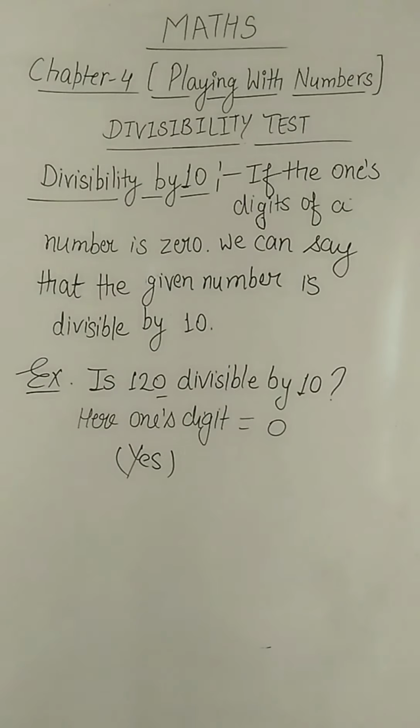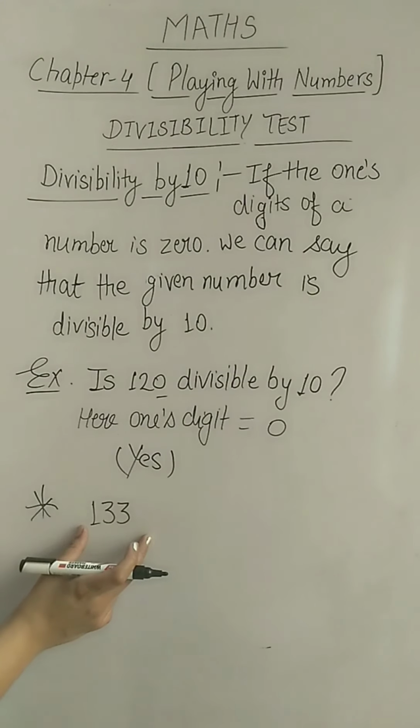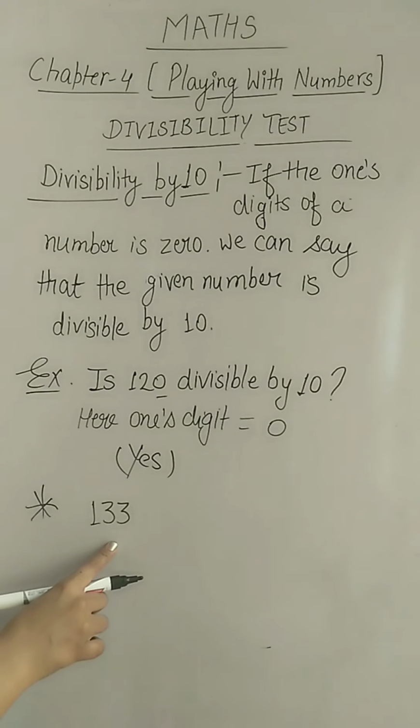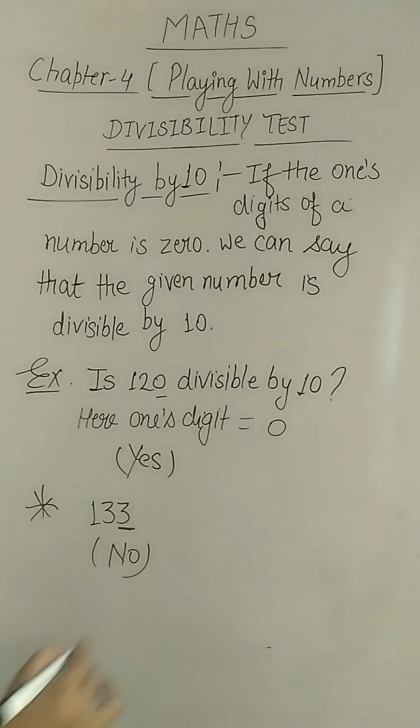Now if we have one more example, 133. So students, is it divisible by 10? As you all know, we will check only the ones digit, and the ones digit should be 0. So there is no 0. So that means it is not divisible by 10. I hope it is clear to you all.